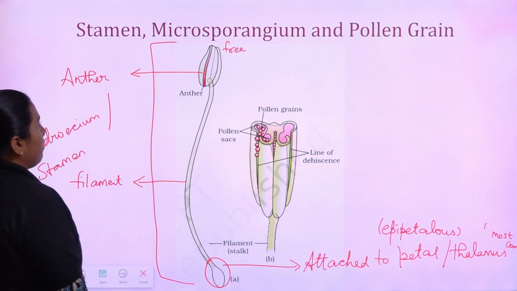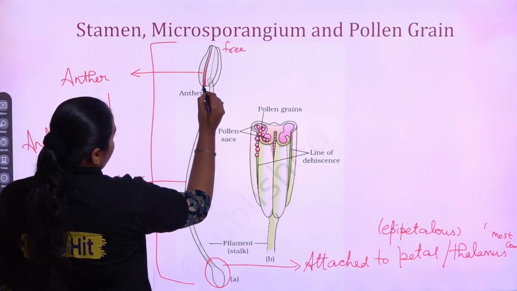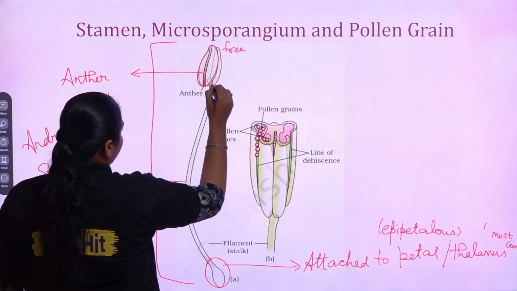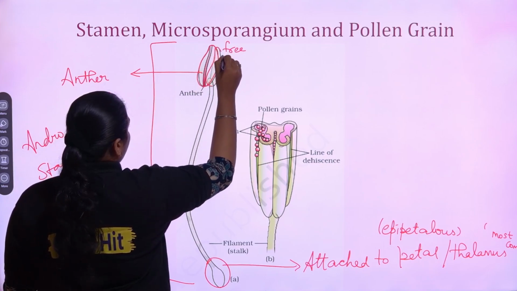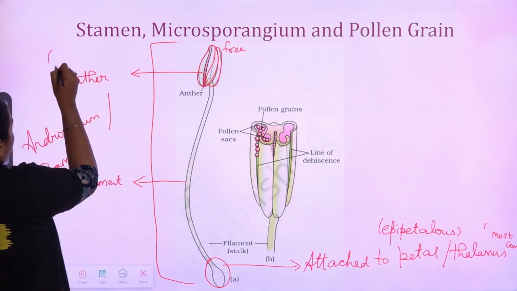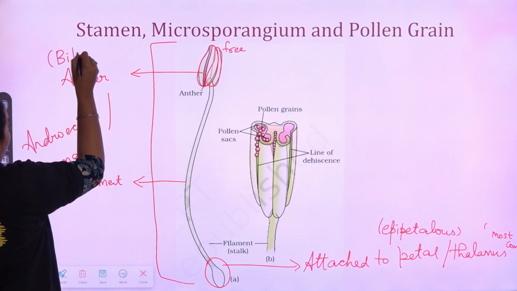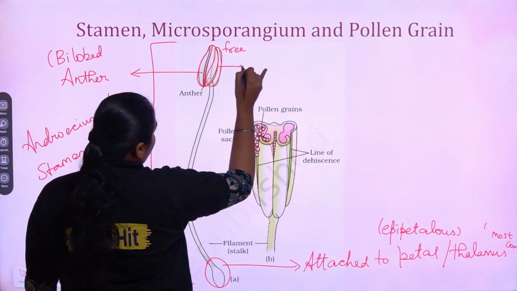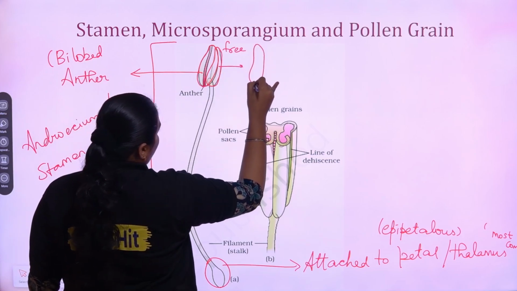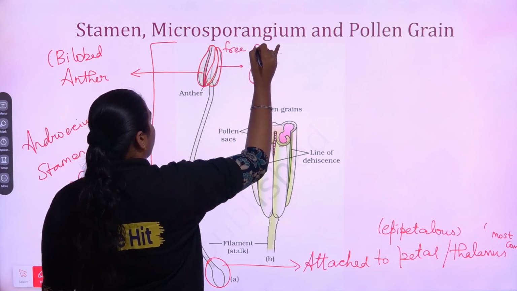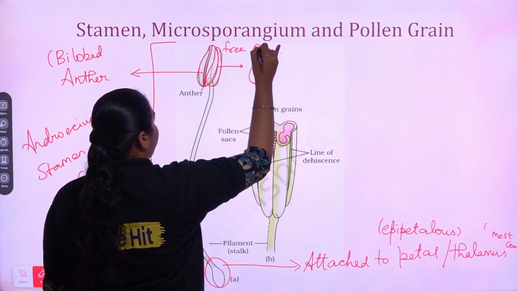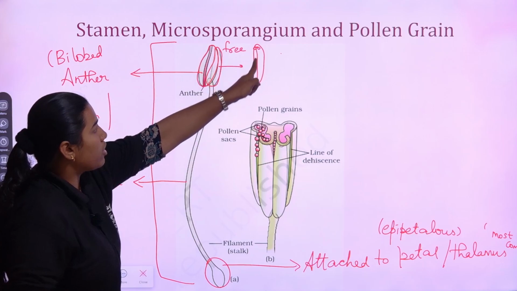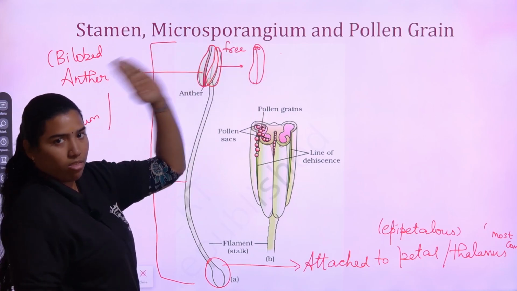And when you look at the anther, you can clearly see this outline. This is one, this is another. So anther is bilobed. And if I take only this and look into it, there is a longitudinal groove which cuts it lengthwise.